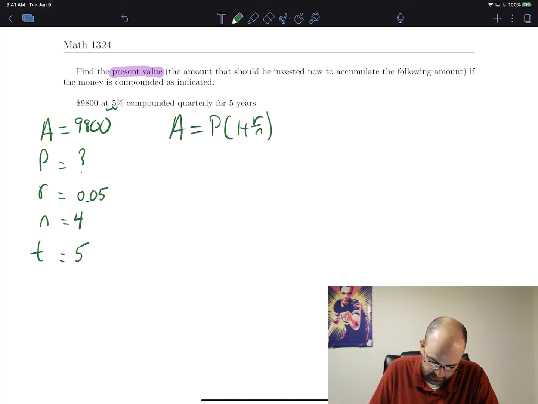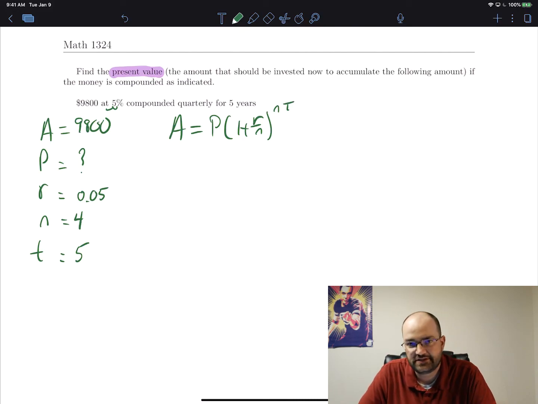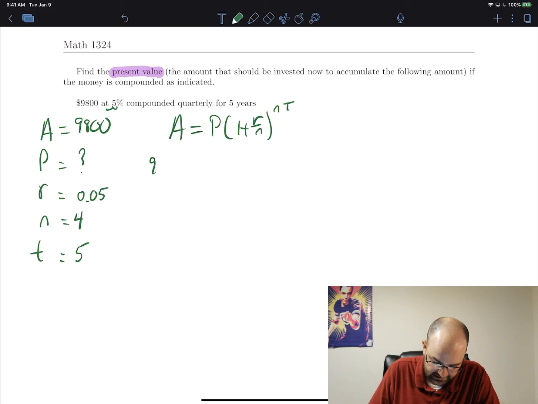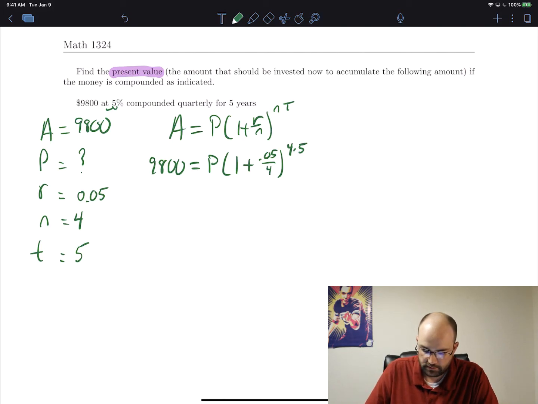So A equals P times 1 plus R over N to the N times T. Plug in everything we know. We know A is 9,800. P we don't know. We have 1 plus 0.05 over 4, all to the 4 times 5. Good. But notice something. All of that right there is just a number. So you can just type that in.